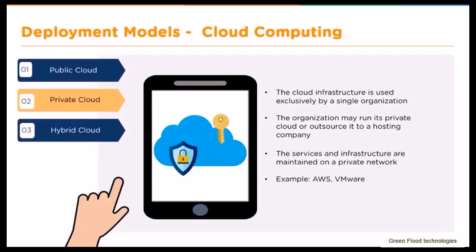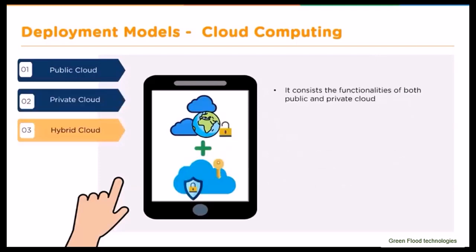Private cloud is where the infrastructure is used exclusively by a single organization. The organization may run its private cloud or outsource it to a hosting company, and the services and the infrastructure are maintained on a private network, like AWS, VMware.